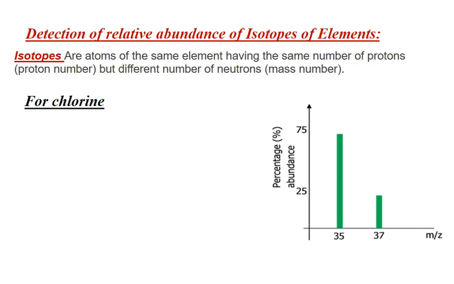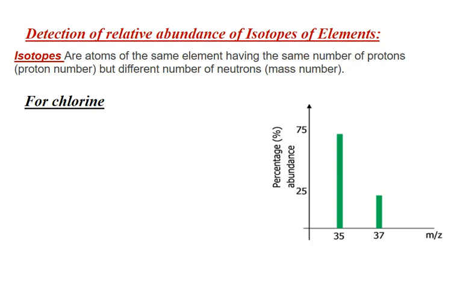So for example, when I do the mass spectrum for chlorine, we get a mass spectrum that has 2 peaks. Now, when I have 2 peaks, what this indicates is that there are 2 isotopes for chlorine. One of them has a mass of 35 and the other has a mass of 37. The one that has a mass of 35 has a relative abundance of 75%.